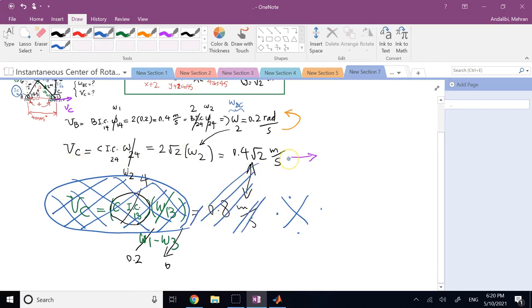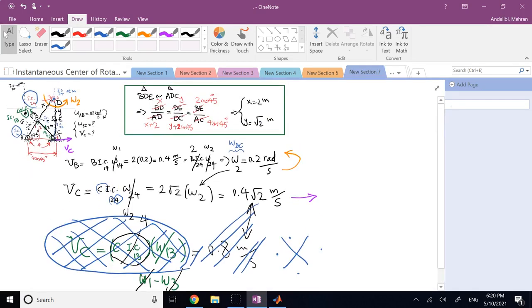I only use the one where the distance from the point to the instantaneous center of that member with respect to the ground is used. Okay, so that's a very, very important thing that can easily make you lose your credit because you think it's a very quick shortcut to solve the problem, but that is not the case. Okay, so I mentioned that.